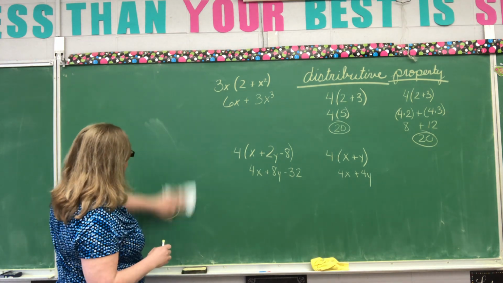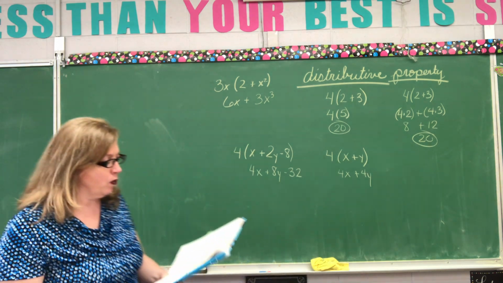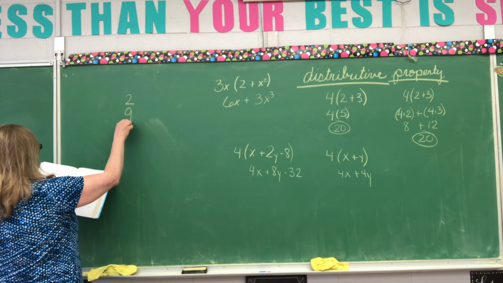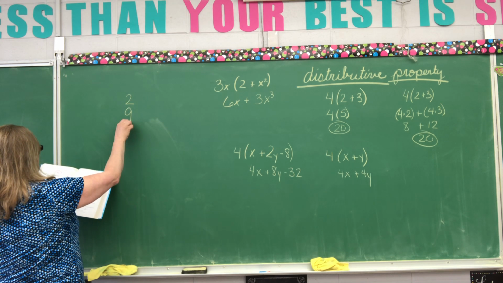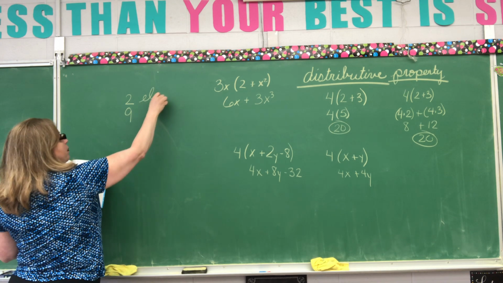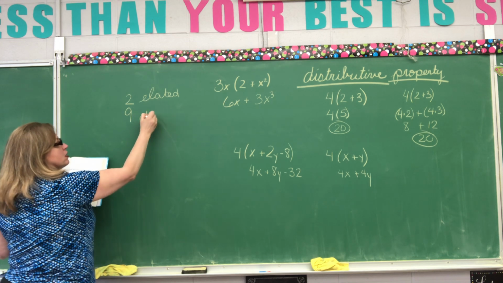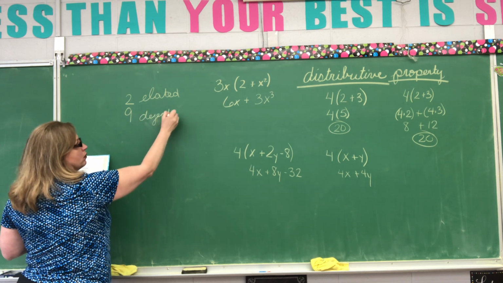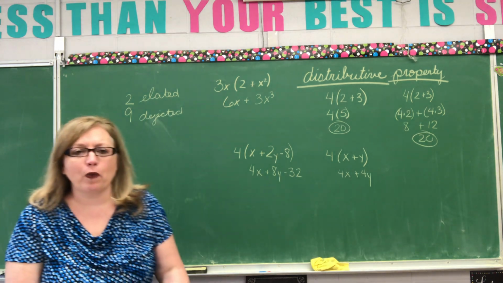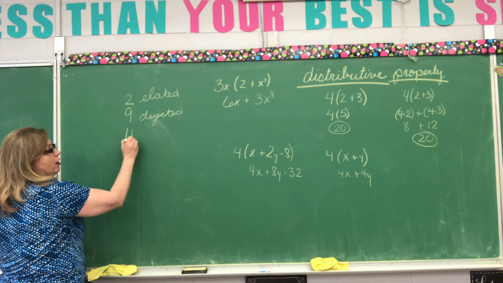Let's get all of the information that we have. We have a ratio of 2 to 9. These are our elated students, and these are the dejected students, the ones that did not do well. So in our ratio, we have a total of 11.